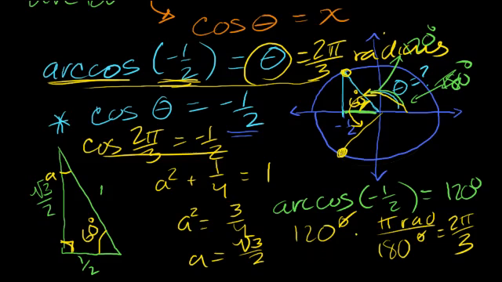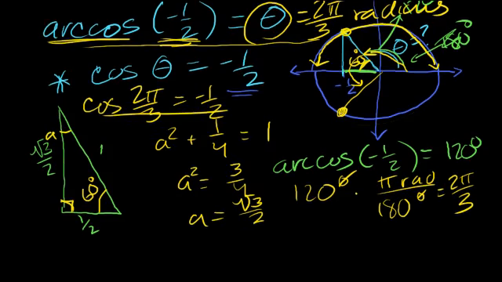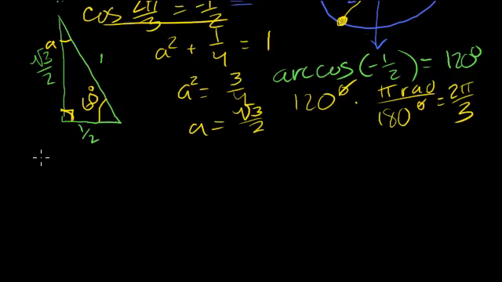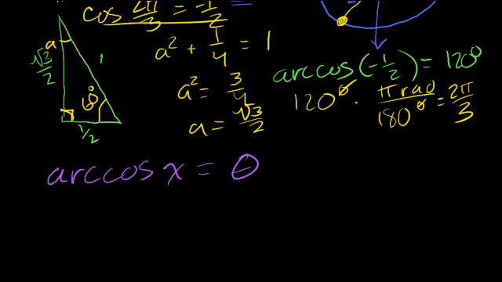And what we do is we restrict the range to this upper hemisphere, the first and second quadrants. So if we make the statement that the arc cosine of x is equal to theta, we're going to restrict our range, theta, to that top.